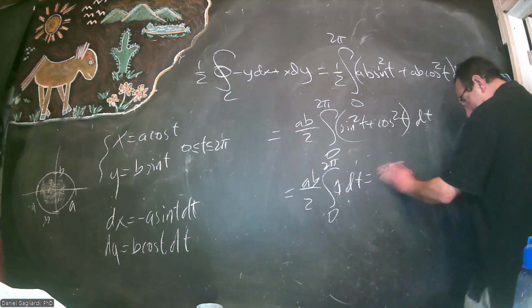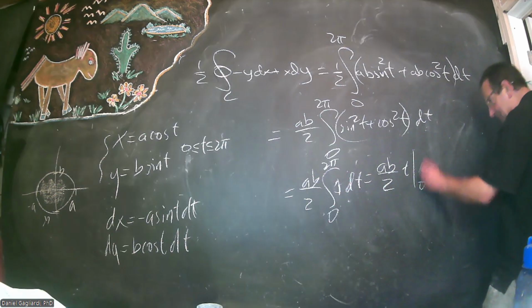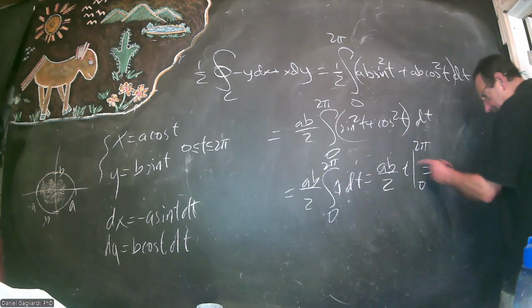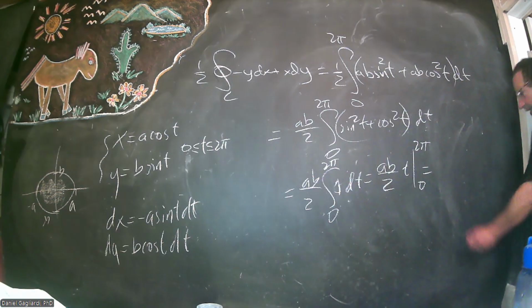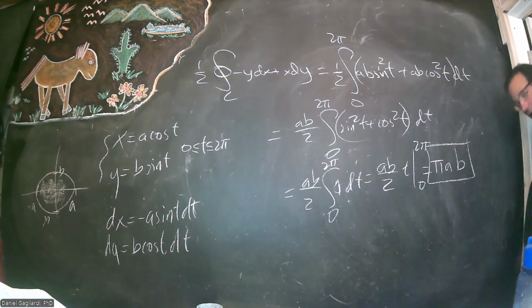So, we may as well do the whole thing. ab over 2, and then we have t from 0 to 2 pi, which of course is just 2 pi. The 2's cancel, we get pi ab, which is the known area for an ellipse, okay? Neat, good stuff, huh? So, yeah, great.